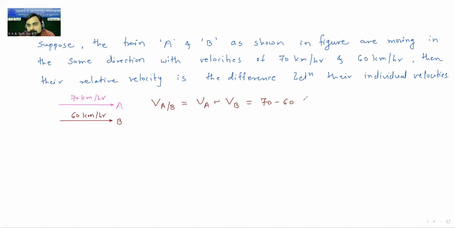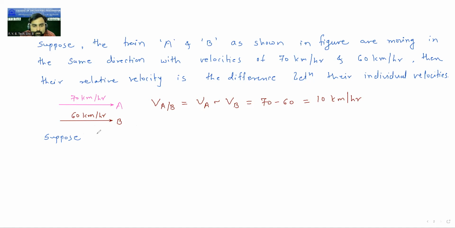So it is 70 minus 60, which is 10 km per hour. So when the two objects are moving in the same direction, relative velocity is the difference between their individual velocities. Remember this properly. Relative velocity is the difference between the individual velocities when two moving objects are moving in the same direction.